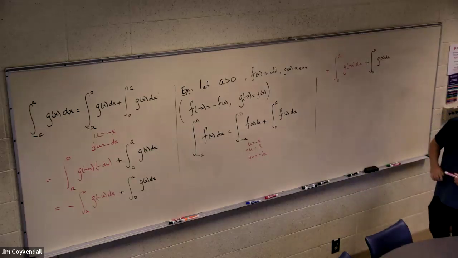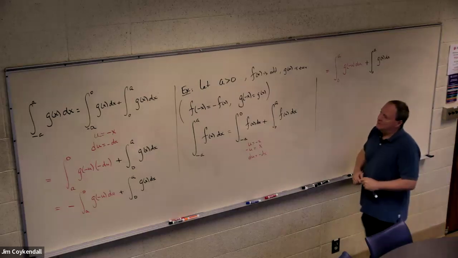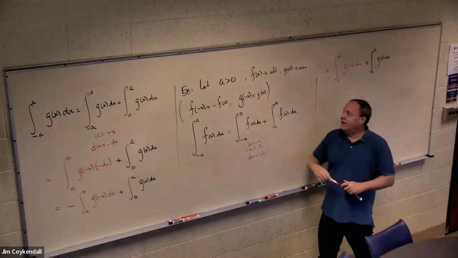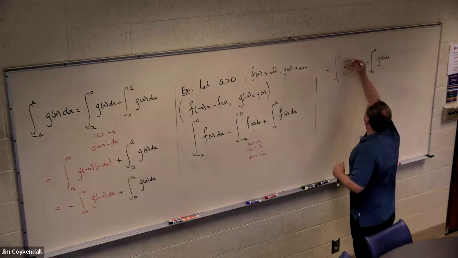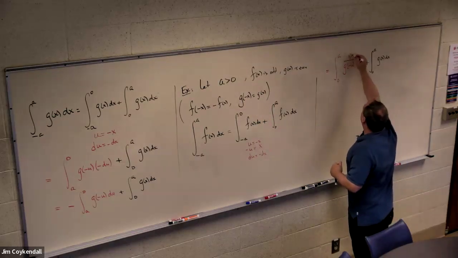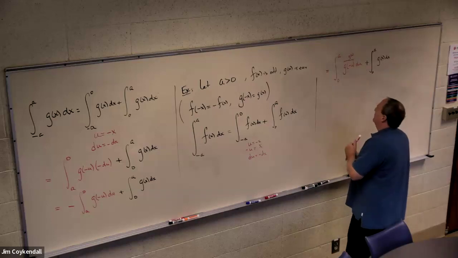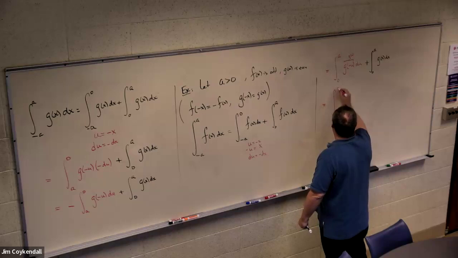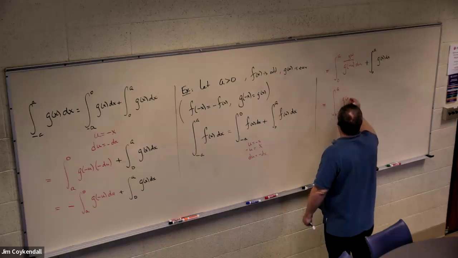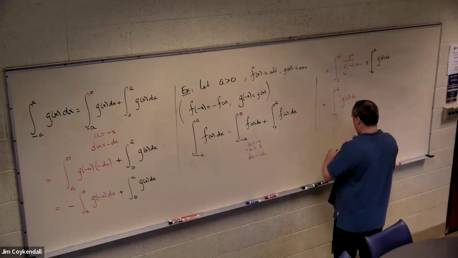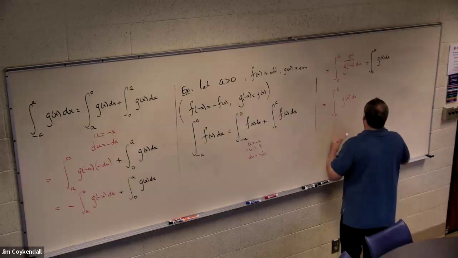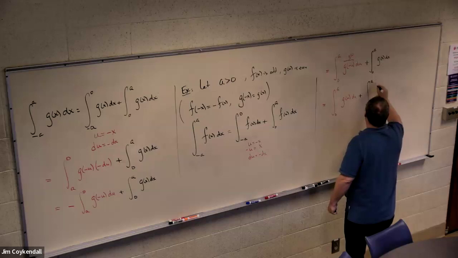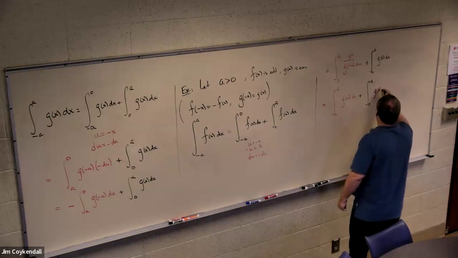Now we use the fact that g is an even function. What does that mean? g of negative x is g of x. So this is just g of u. So this is the integral from 0 to a of g of u plus the integral from 0 to a of g of x.